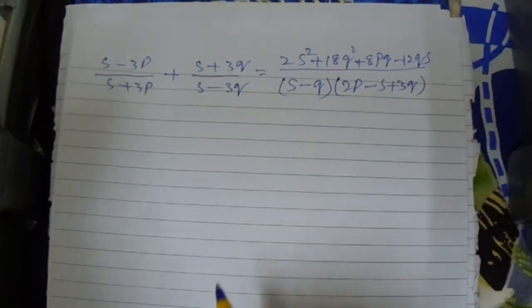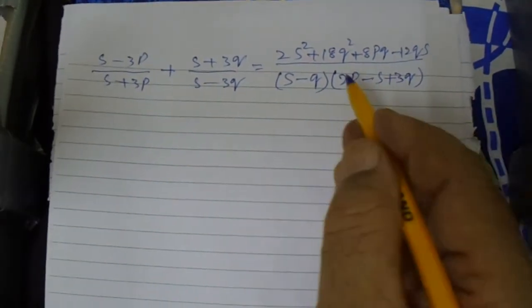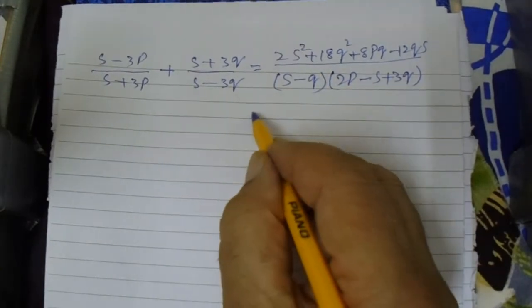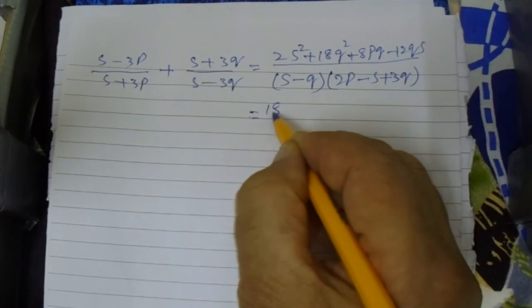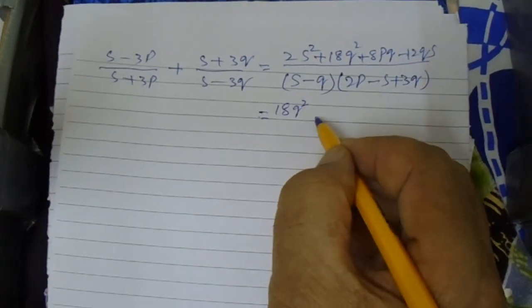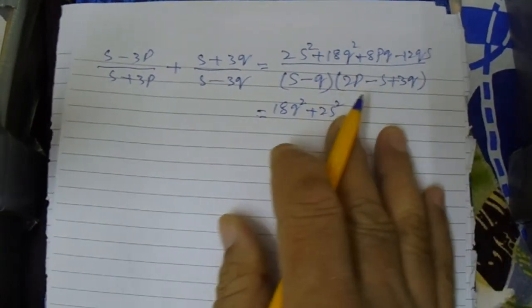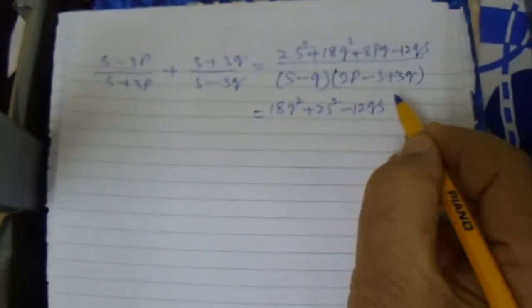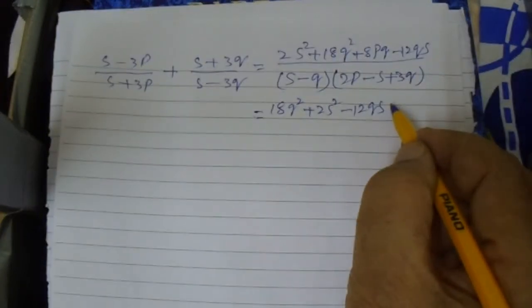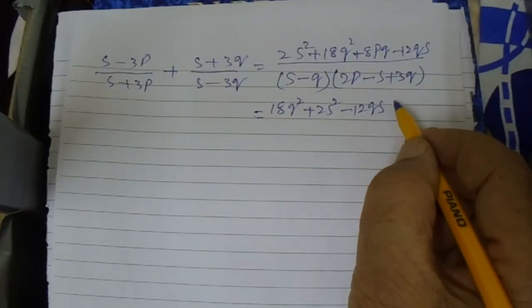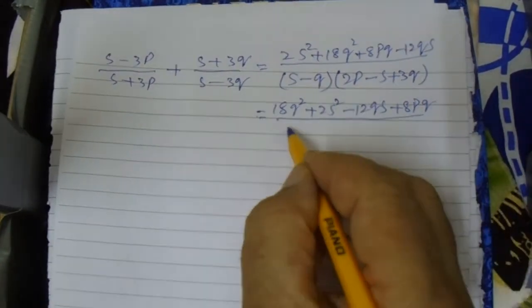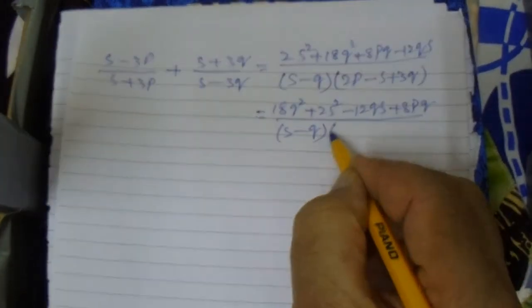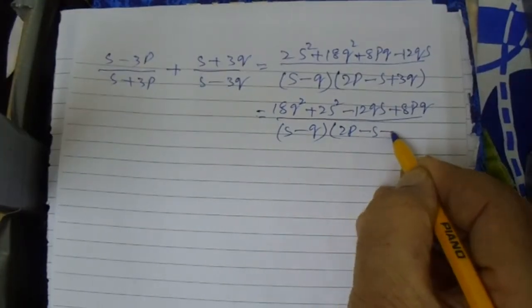Now this is equal to this, and we have written, if we write again in this form, 18q square first, and plus 2s square, okay, minus 12qs this, and plus 8pq over s minus q and 2p minus s plus 3q.